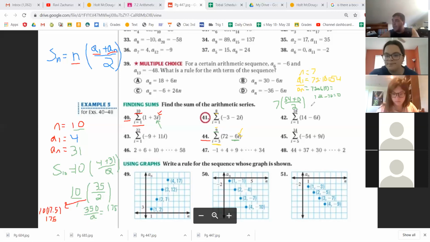So we got 189. Let me write out the steps at least. 7 times 54 divided by 2. 54 divided by 2 is an even number, so that's easy. 54 divided by 2 should be 27. Can you tell me one more time what the number is? 189. Yeah, that makes sense.